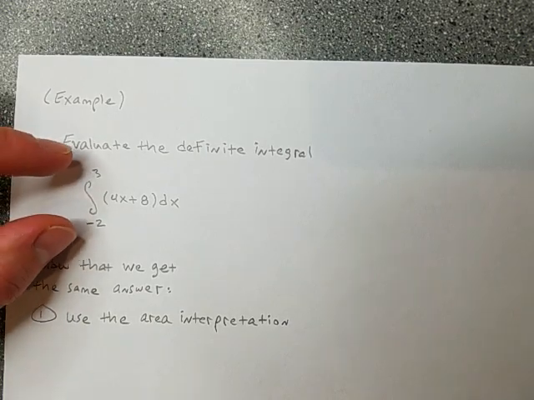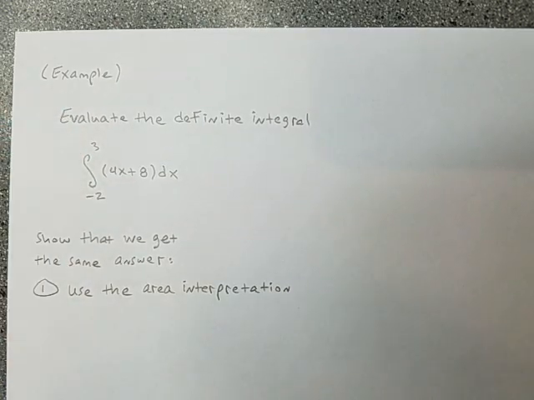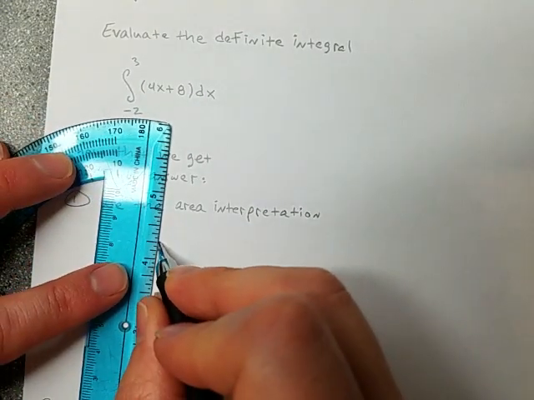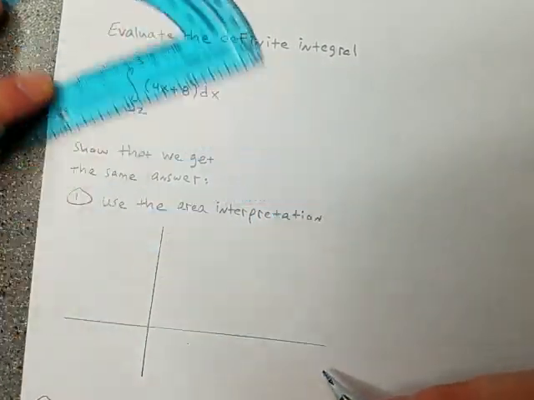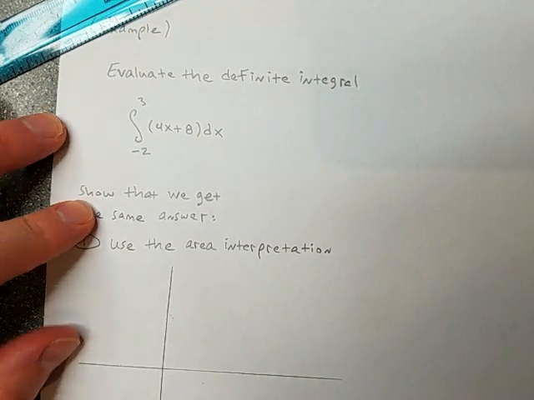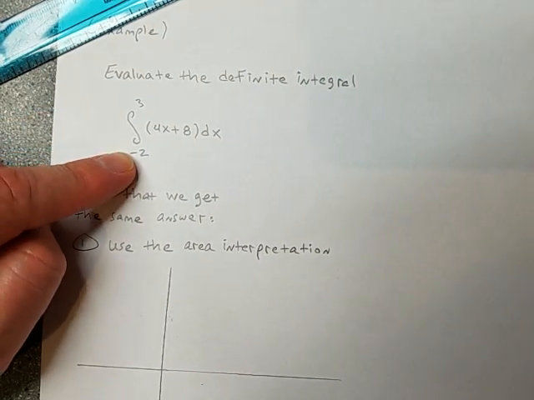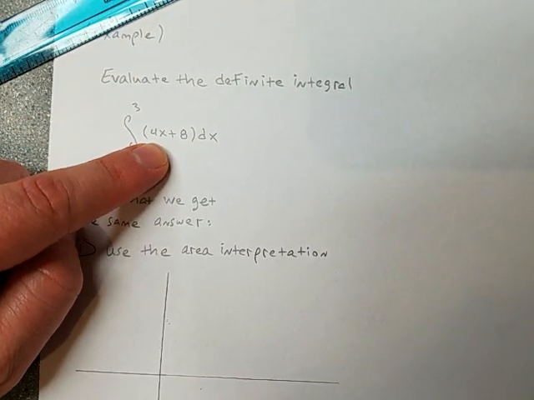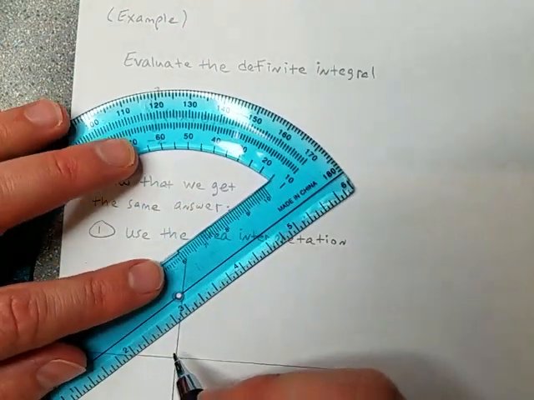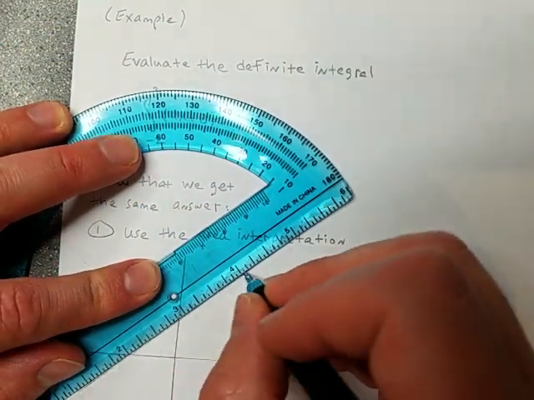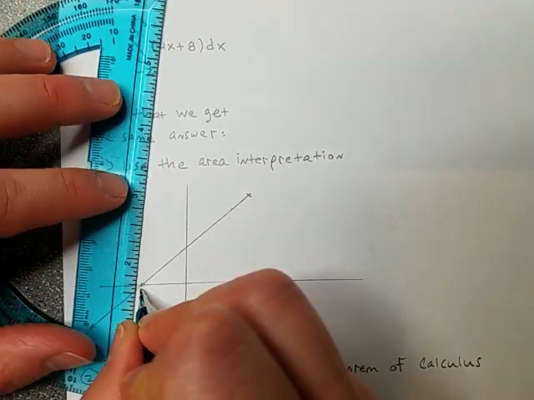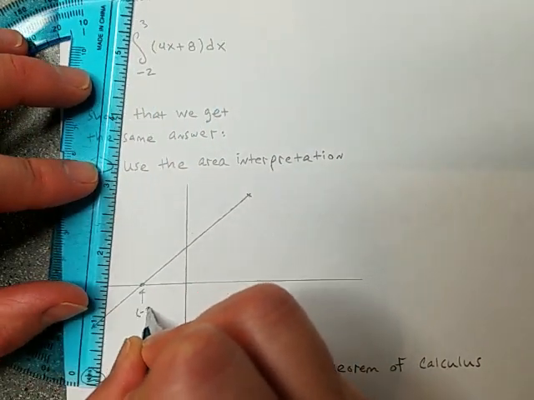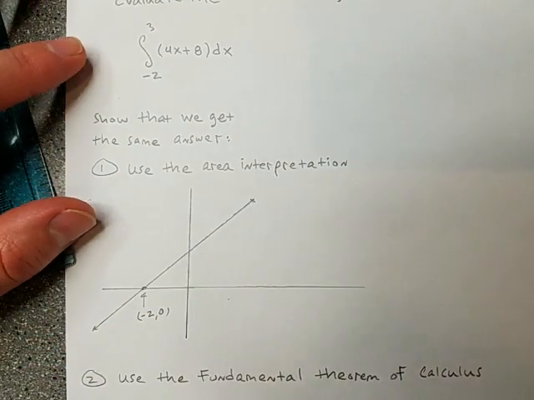So how did we do this by the area interpretation? Maybe make a quick sketch of the graph and see where it is with respect to the limits of integration. My lower limit of integration, -2, happens to be where this hits the x-axis. It's a line that looks like that. It hits the x-axis at -2, that's the x-intercept.